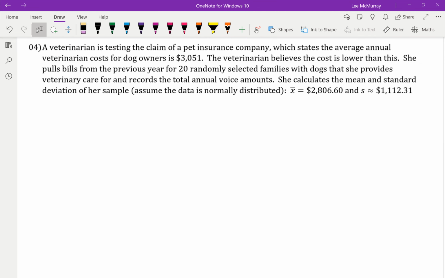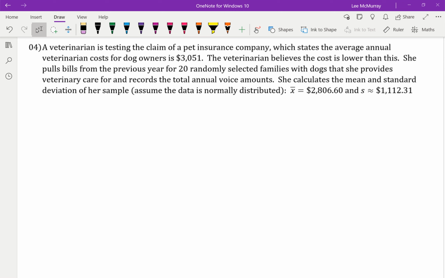And I'll refer back to those steps again. Alrighty. So a veterinarian is testing the claim of a pet insurance company which states the average annual veterinarian cost for dog owners is $3,051. The veterinarian believes the cost is lower than this. She pulls bills from the previous year for 20 randomly selected families with dogs that she provides veterinary care for and records the total annual invoice amounts.